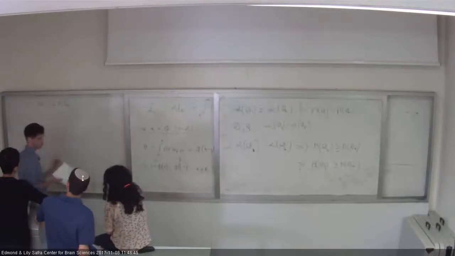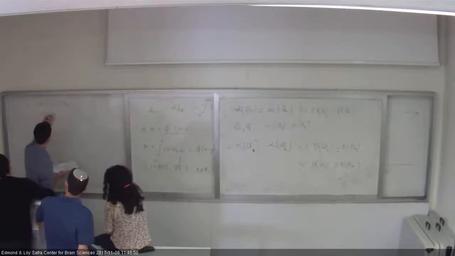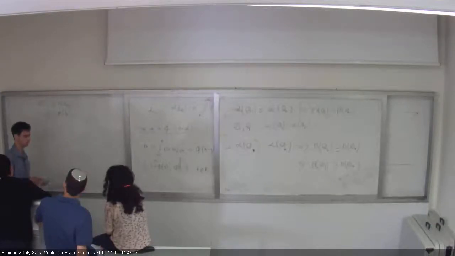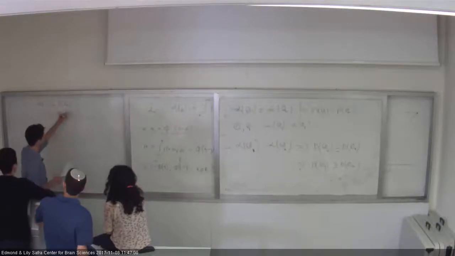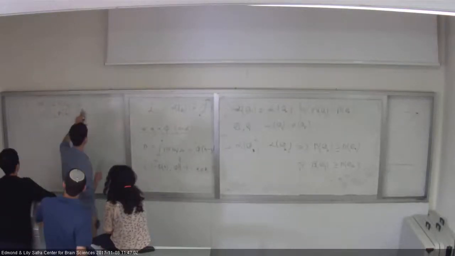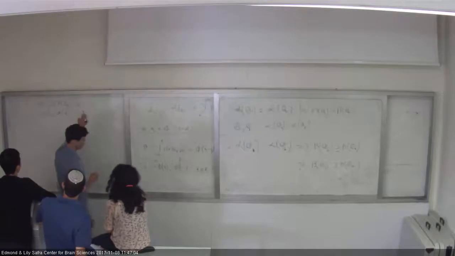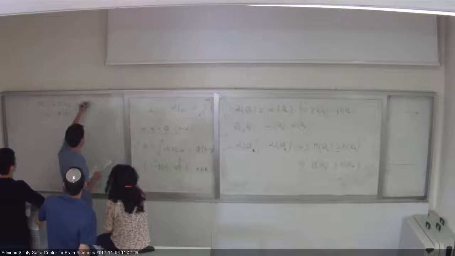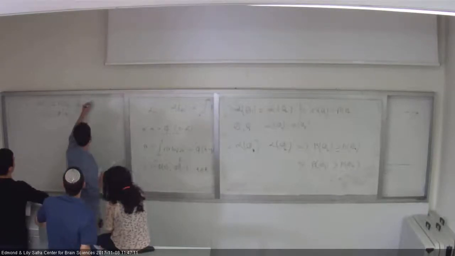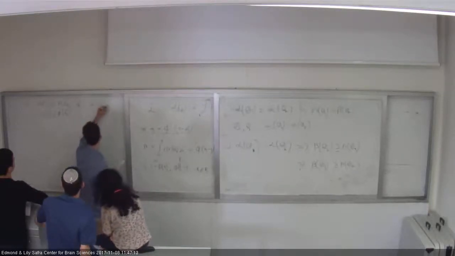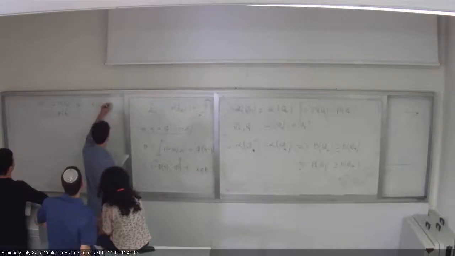Probably in this case, if you choose one for everything, alpha of lambda will be bigger than alpha of lambda theta, right? So this is not symmetric, so we don't have symmetry. So this will bring us that not alpha of lambda is smaller than alpha of lambda theta.